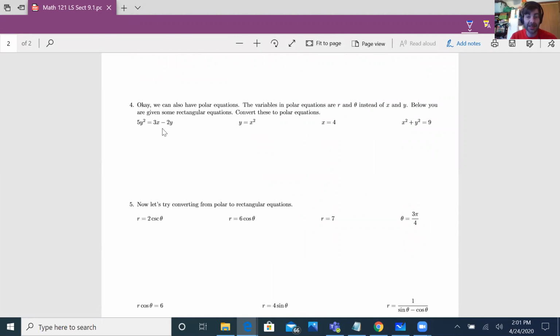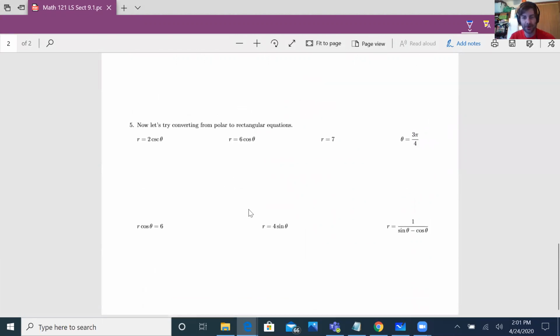So now we have the equations, right? I have these equations in rectangular form with x and y, and I'm going to turn them into polar. And then I have some polar equations with r and theta that I want to turn into rectangular with x and y.